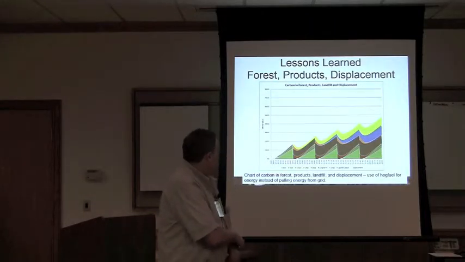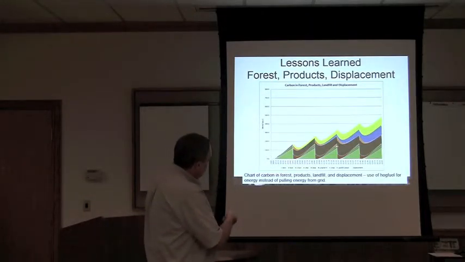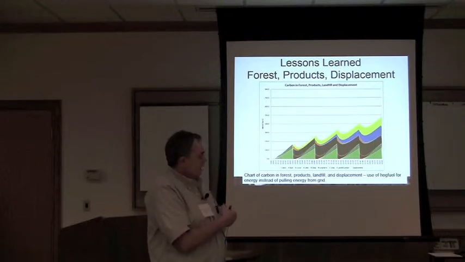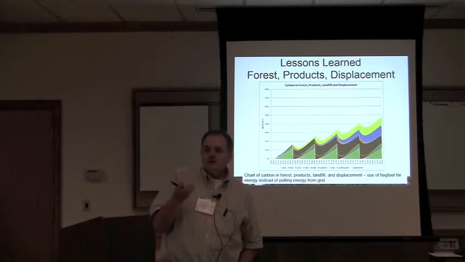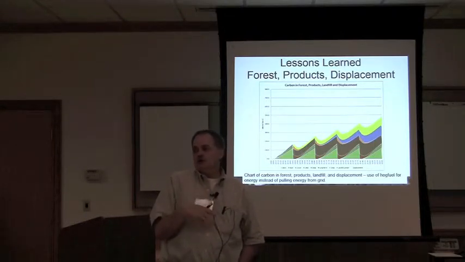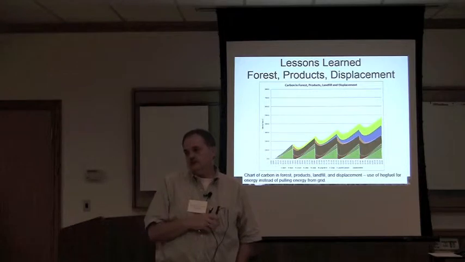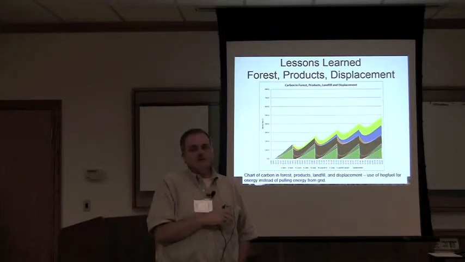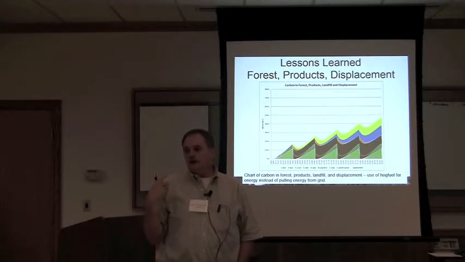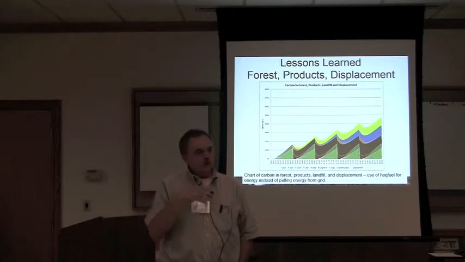Now, I mentioned earlier the concept of displacement. This yellow is displacement. Displacement is where you're using the energy of the waste wood, and we're actually really good at this in forestry already, for process energy. So instead of running the machines in a mill off of the electrical grid, be that coal, natural gas, whatever, we're actually using the wood waste within the mill to power the plant.